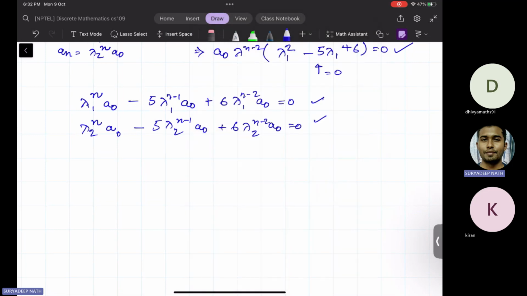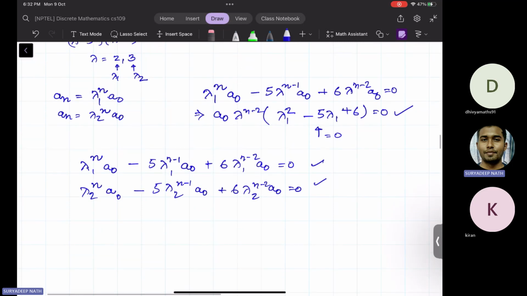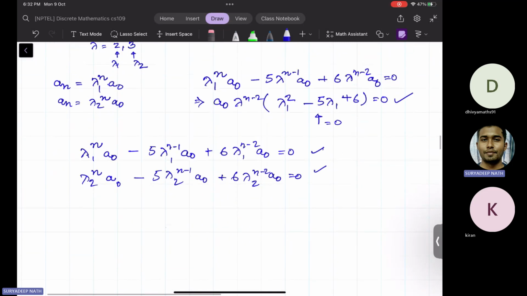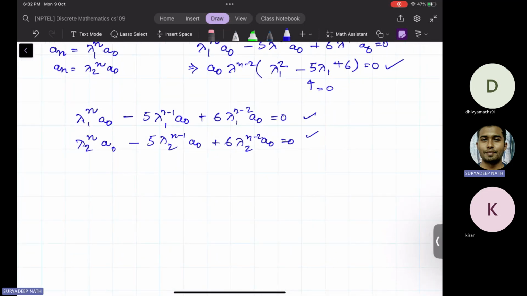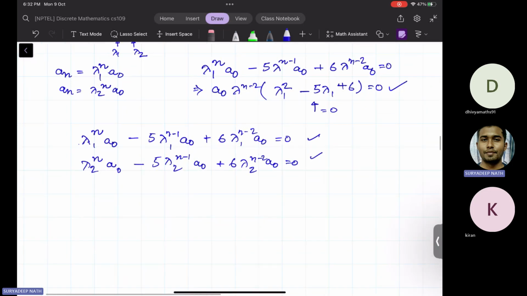Now if I multiply this equation by some constant alpha 1, if you see this equation, this a0 term is basically a constant, and similarly here also it is a constant.